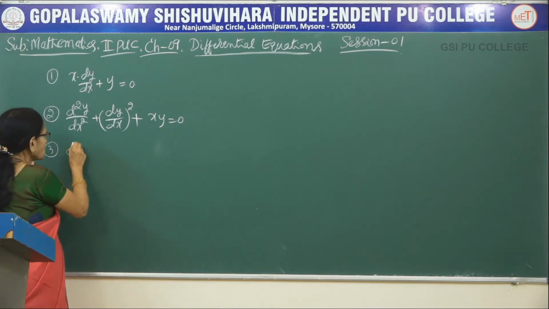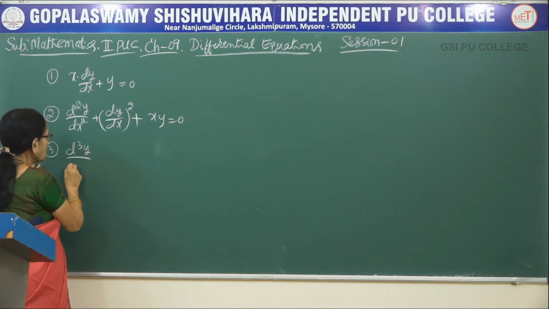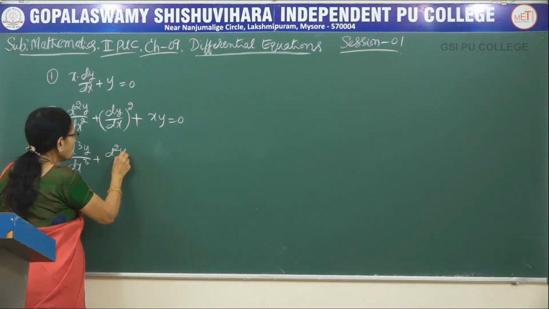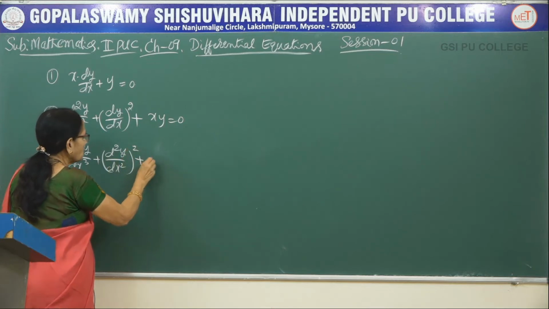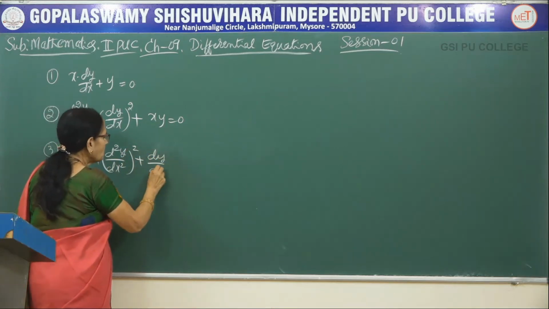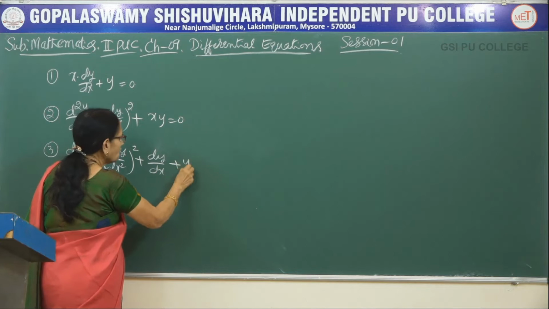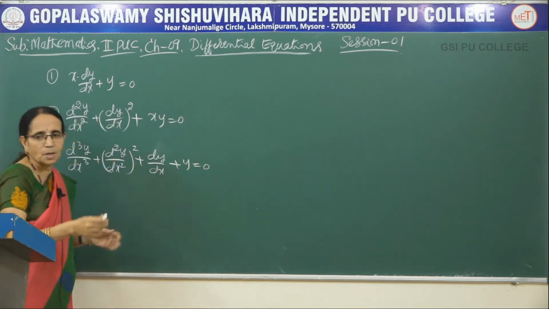Third one, d cube y divided by dx cube plus d square y by dx square whole square plus dy by dx plus y equal to 0.